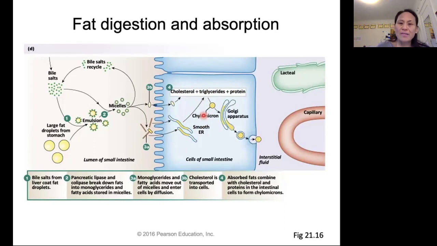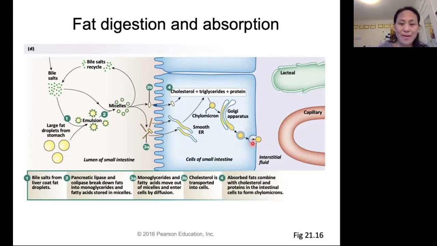The chylomicrons are then packaged in the Golgi apparatus into vesicles. Once those vesicles form, they are exocytosed. So we end up exocytosing our chylomicron.